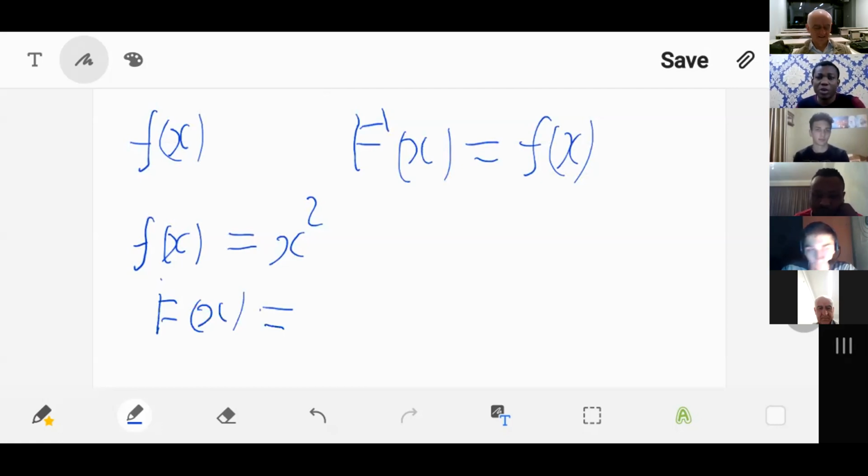It's given lowercase f(x) equals x squared, and we need to find the antiderivative, capital F. Antiderivative is a function such that the derivative of this function is f(x) itself. So we need to find a function whose derivative should be x squared. Any idea what this function is?